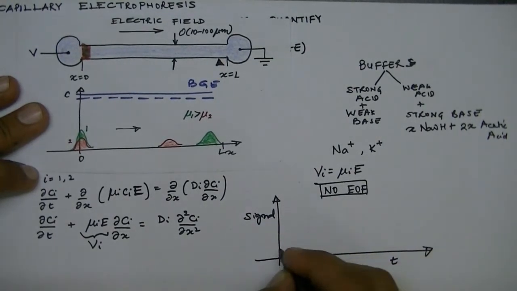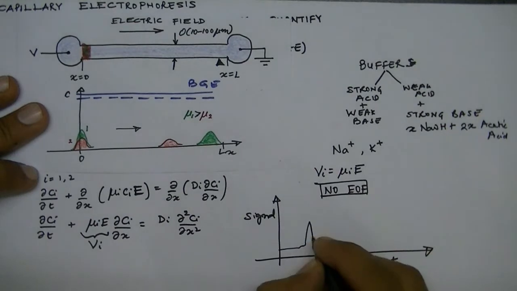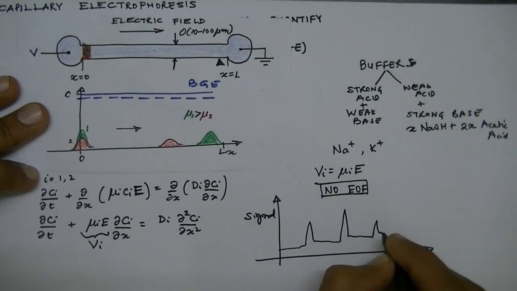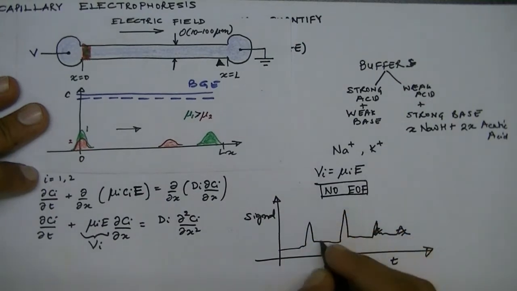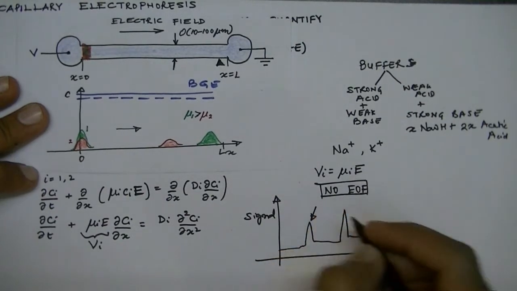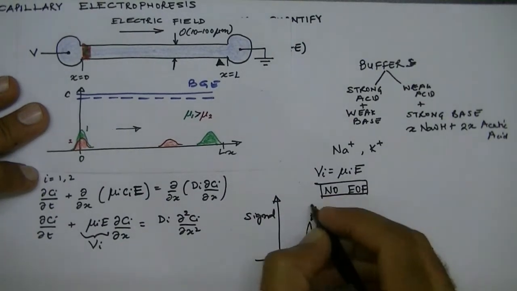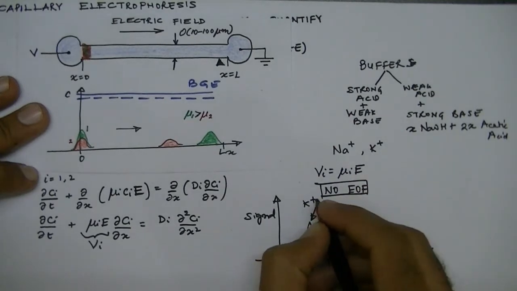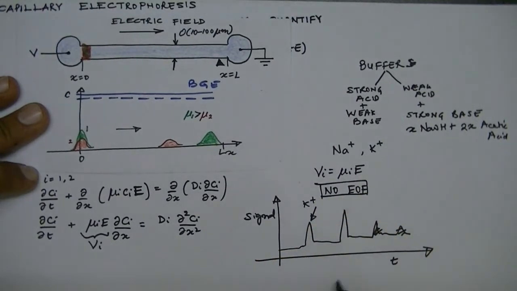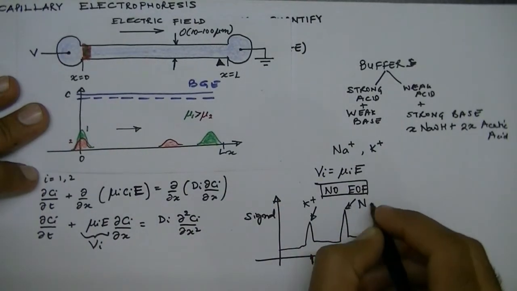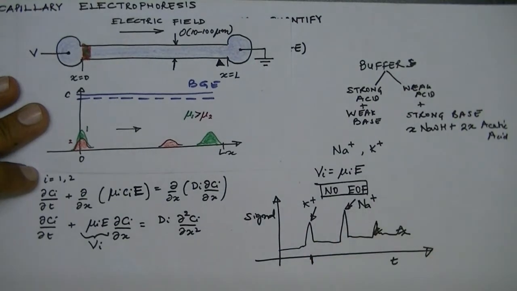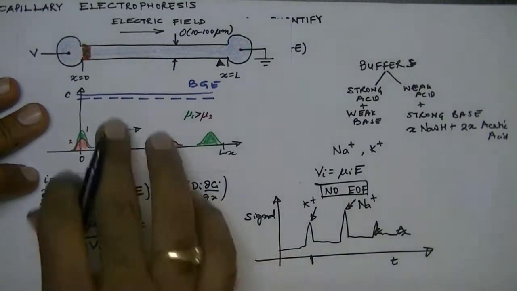The typical signal would look something like this. For two species we'll just have two peaks, and the faster of these two ions, in our case potassium, will reach this detector at a smaller time, and the slower ion will reach at a later time.